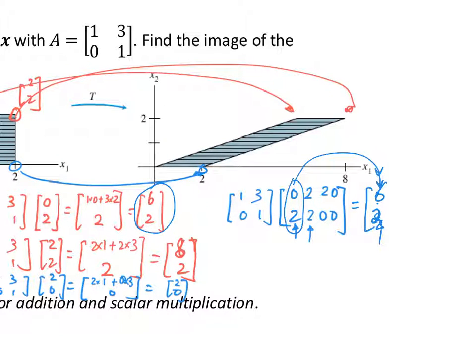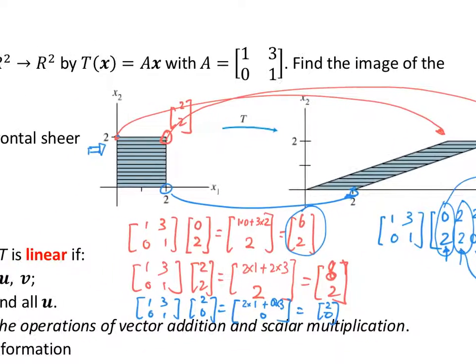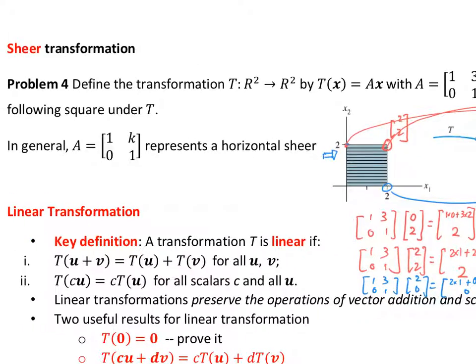And the second one you'll get 8, 2, which is the image of the second vector. And the next one is 2, 0, which is the image of this guy, and the 0, 0, which is the image of the origin. So oftentimes we really don't have to do the algebra so many times. We can just simply form a coordinates matrix, and then find its image by doing this matrix multiplication. So this is one example of shear transformation.